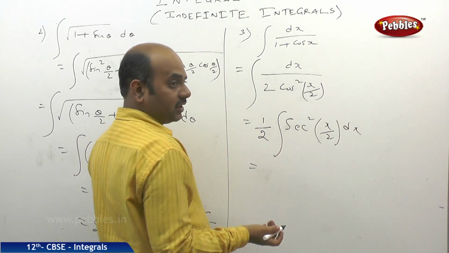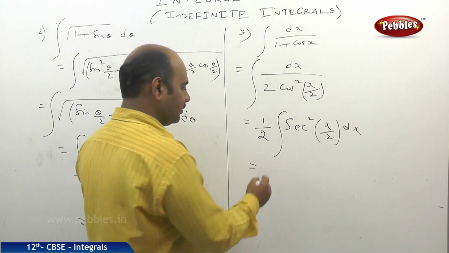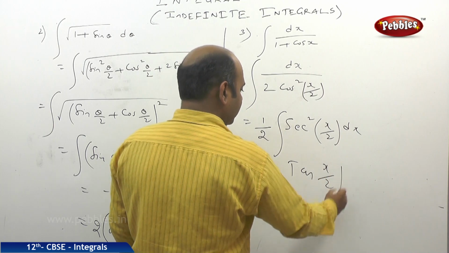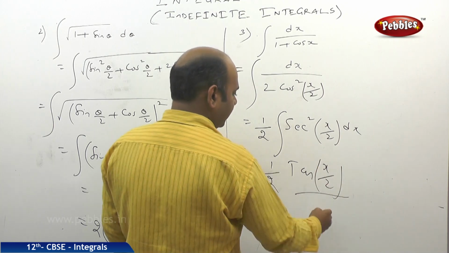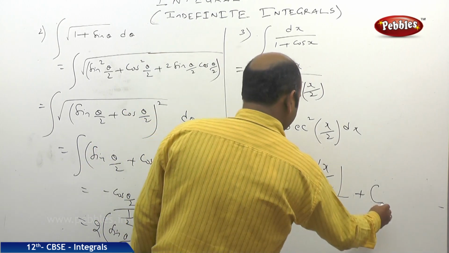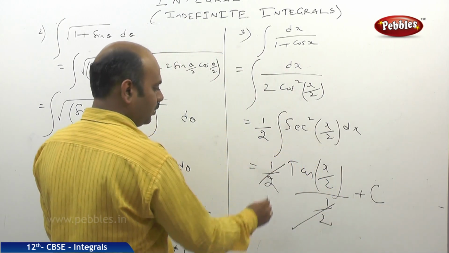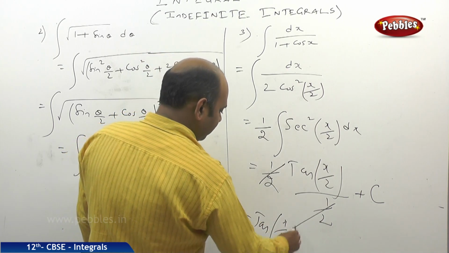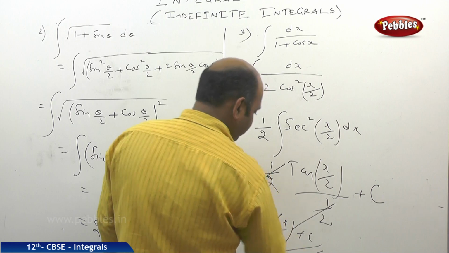But integral of secant square theta is tan theta. So 1 by 2 tan theta, instead of theta we have tan x by 2, and whatever coefficient of x is there comes to the denominator. So here plus c. So 1 by 2 will be cancelled. Finally there remains tan of x by 2 plus c.